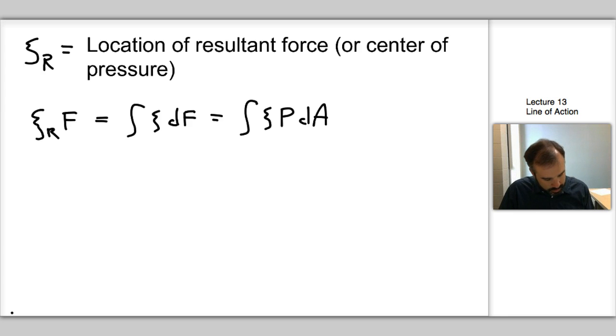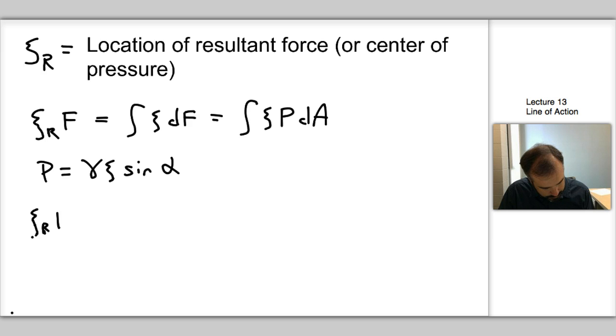And we know that P, the pressure, is equal to gamma psi sine of alpha.